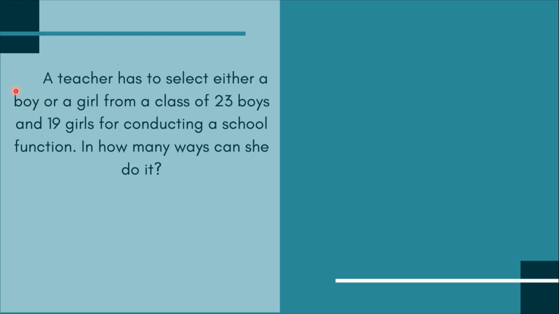Pwedeng boy ang piliin or pwedeng girl ang piliin. So, in this case, we are going to apply the addition rule. Correct. So, we add the number of ways. We have 23 sa pagpili ng boys and 19 choices sa pagpili ng girls. So, 23 plus 19 is equal to 42 ways.